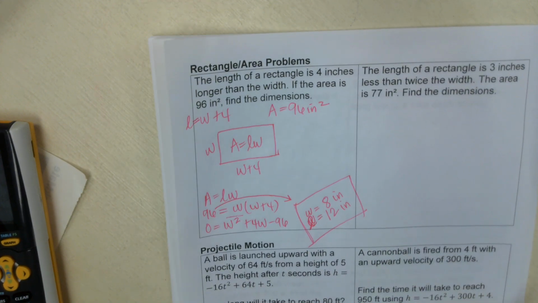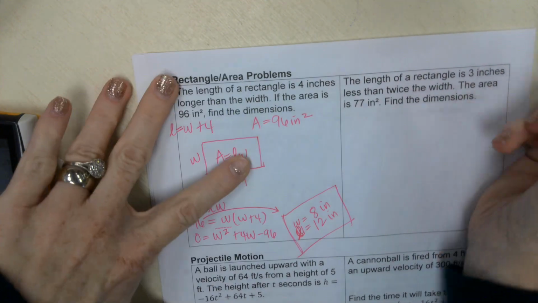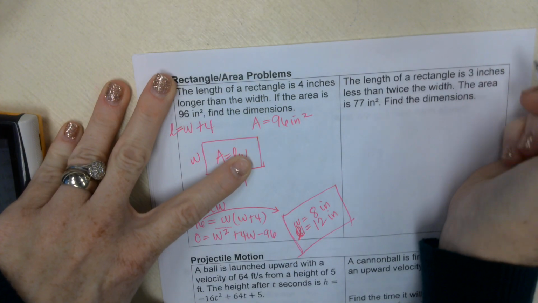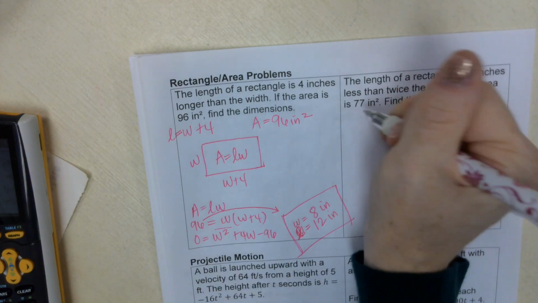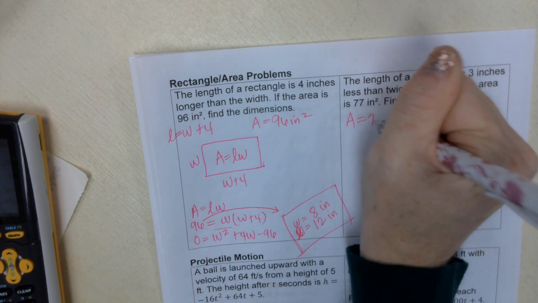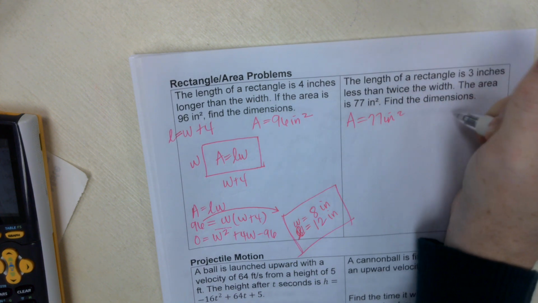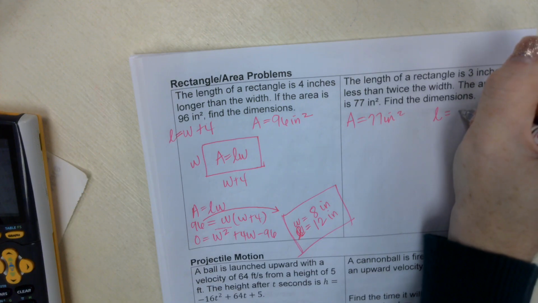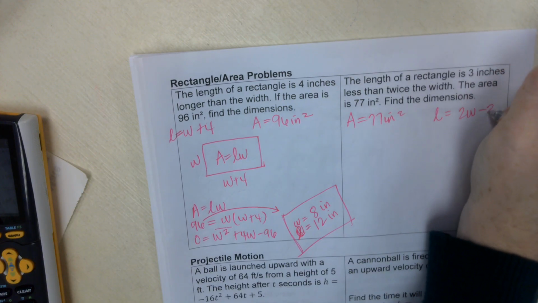All right, here we go. On this next one, the length of a rectangle is 3 inches less than twice the width. The area is 77 inches squared. The length is 3 less than twice the width.